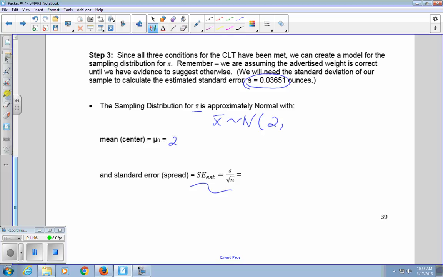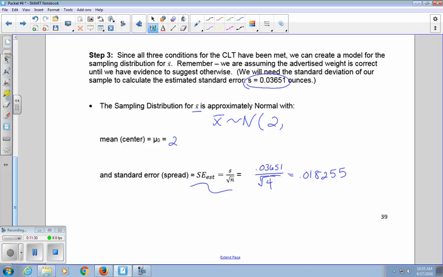So S is our sample standard deviation, 0.03651, divided by the square root of our sample size, which is 4. And that gives us 0.018255.